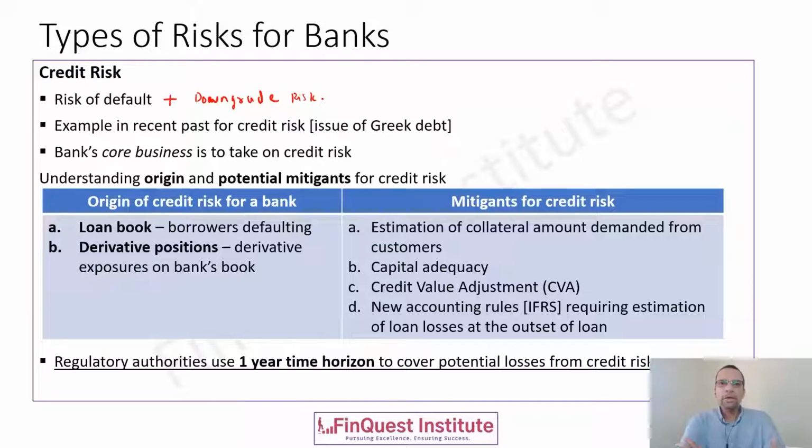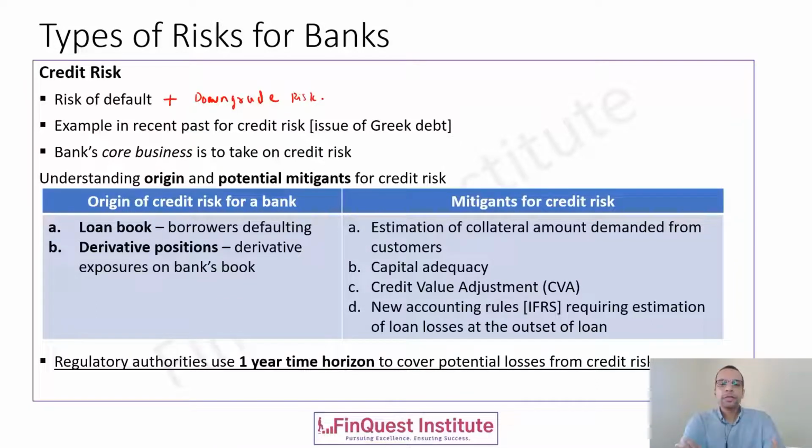And the primary holders of these bonds were mainly banks situated in Europe. So, firstly, Greek banks, along with that, even German and French banks had a significant amount of exposure to the Greek debt. Now, when the time came for repayment of debt, the Greek government did not have ample funds in order to make the required payments.